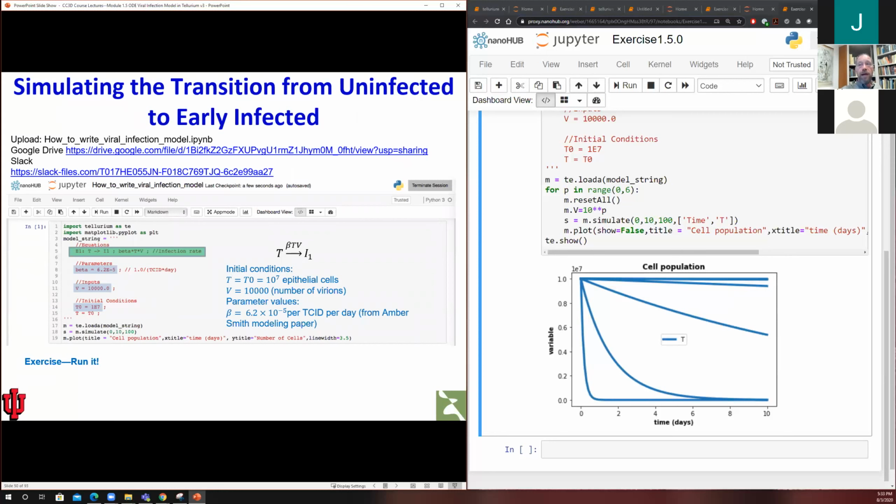Okay, so now we're going to go back and run the simulation that we just ran. And what I'd like to do here is actually begin to upload the larger model, which we have created for you.